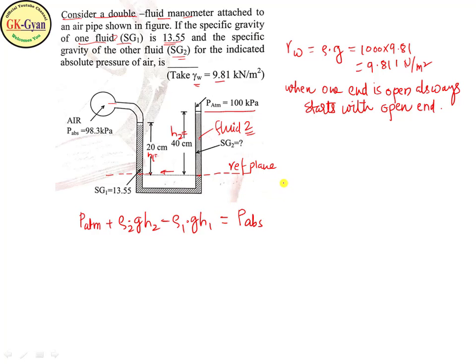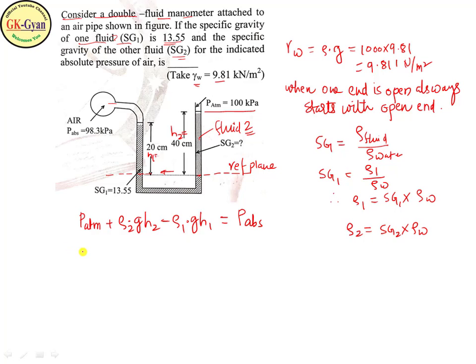P absolute. We know specific gravity is density of fluid upon density of standard fluid, water. So Hg1 equals rho 1 upon rho w. Therefore rho 1 will be Hg1, the specific gravity of fluid 1, into rho w, the density of water. Similarly rho 2 will be Hg2 into density of water.